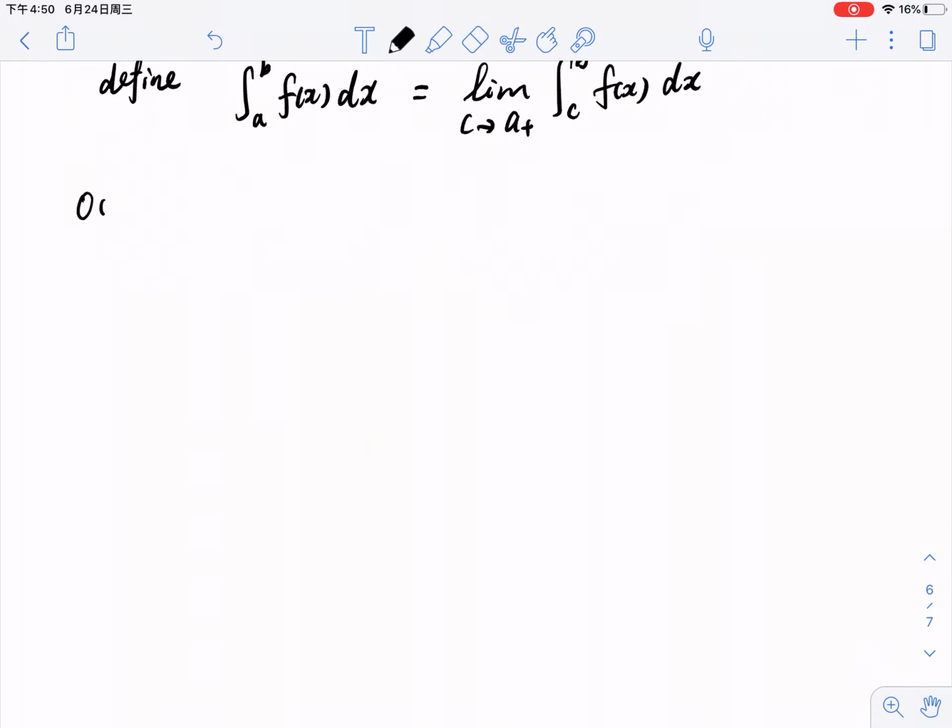Otherwise, we say the integral of f(x) from a to b dx diverges.